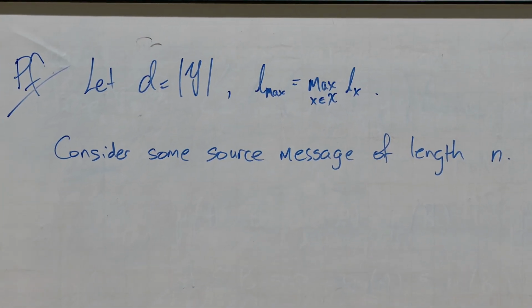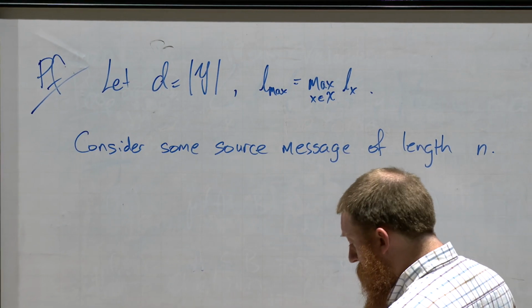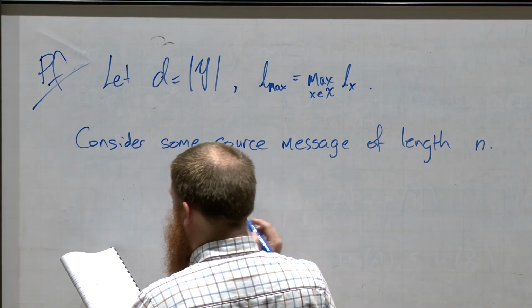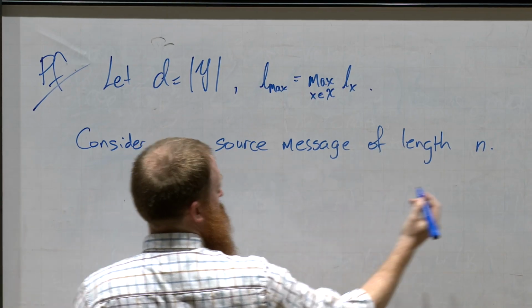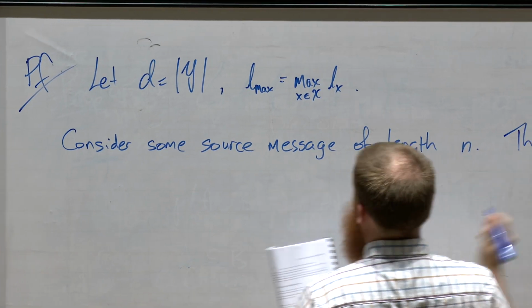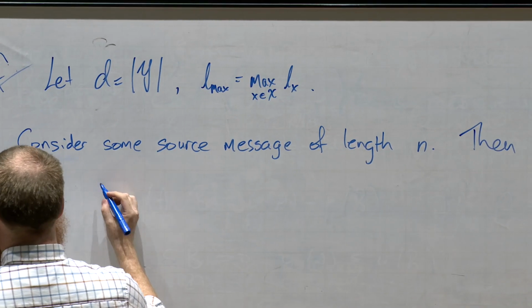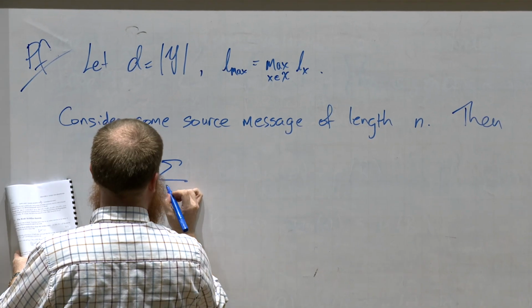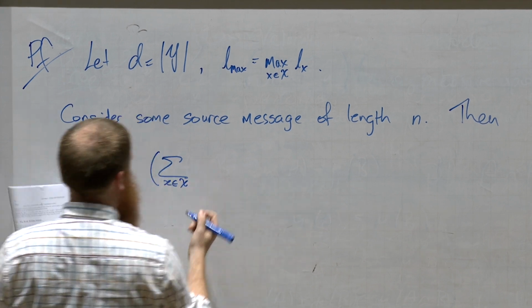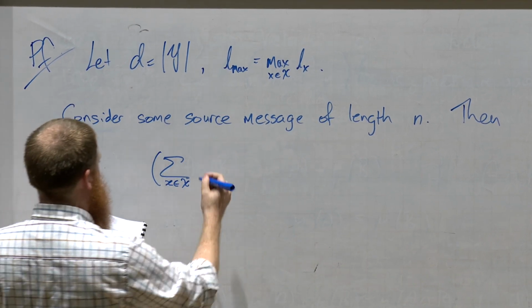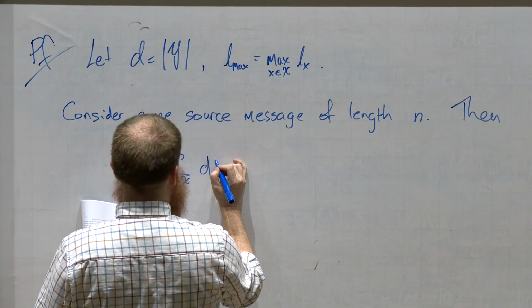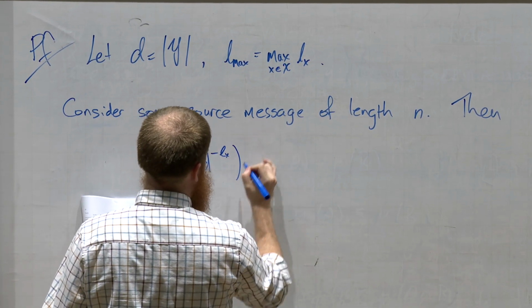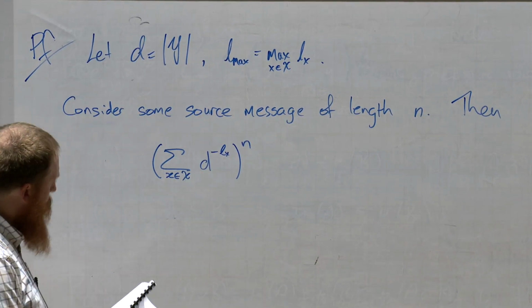Then if I calculate the sum over x in X, so I'm considering all of my source messages of length n, of D to the minus Lx, all to the n.